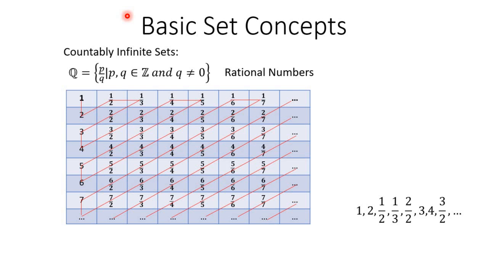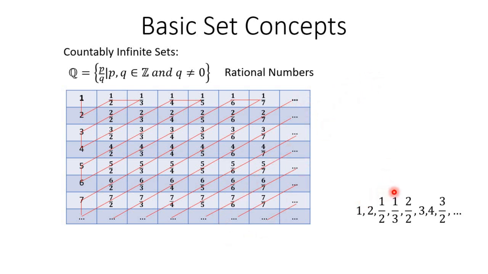you can actually count these fractions. So you start with 1, 2, then you go to 1/2, 1/3, and then you go to 2/2, 3, then you go to 4, then 3/2, then 2/3, then 1/4, then 1/5, then 2/4. So basically you're going down every diagonal, then you're slipping down to the next row and going up the next diagonal, slipping over to the next column, then going down the next diagonal, slipping down to the next row, going up the next diagonal, and eventually you'll hit every single one if you keep going like this.